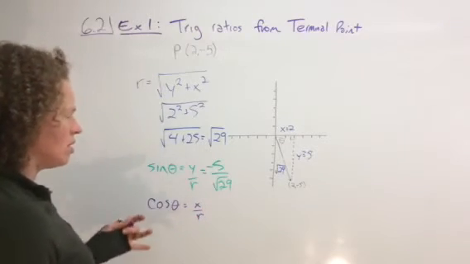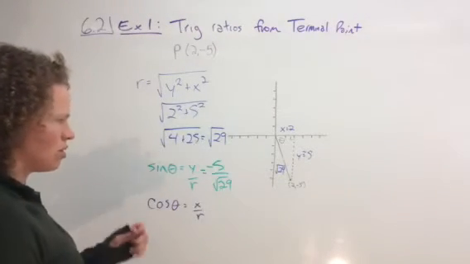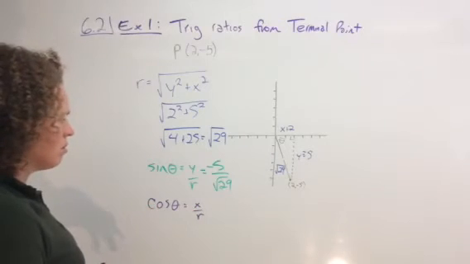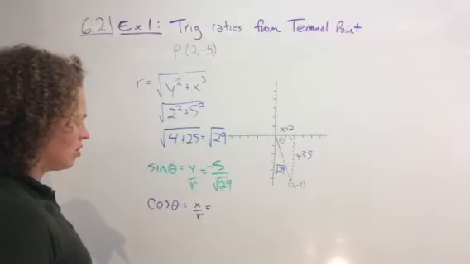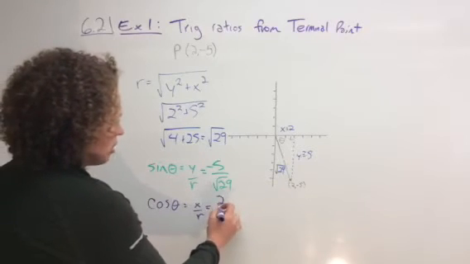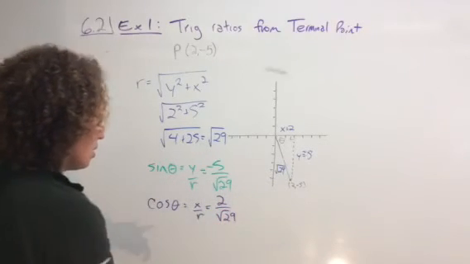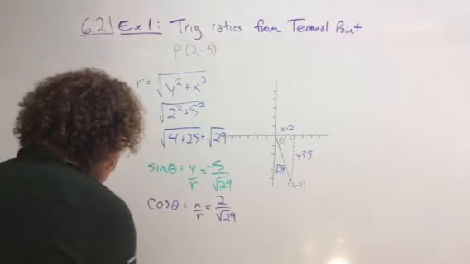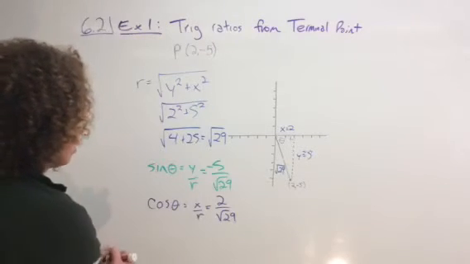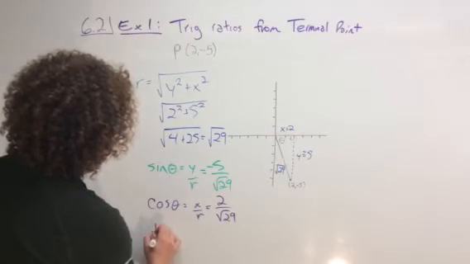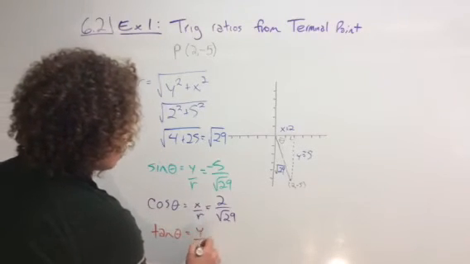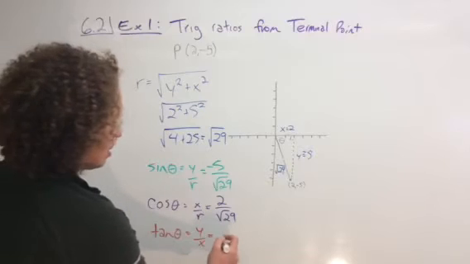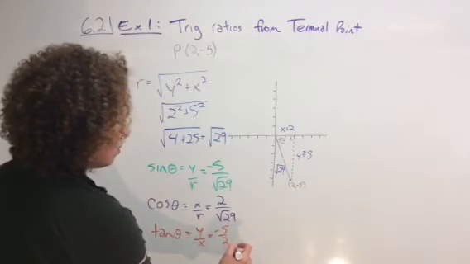Remember that we're always using this same setup at standard position relative to x, so they're always going to be the same. And we can use x over r instead of adjacent over hypotenuse. And so we just plug in our values, 2 over root 29. And our last one would be tan. And tan is equal to y over x. And in this case, it's -5 over 2.